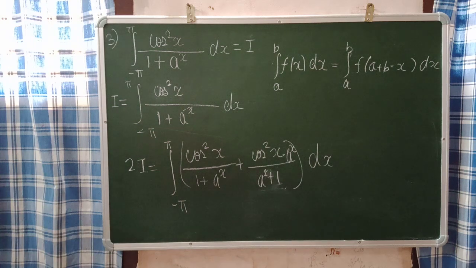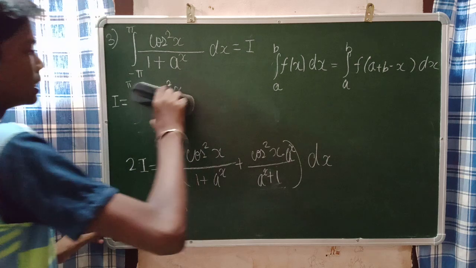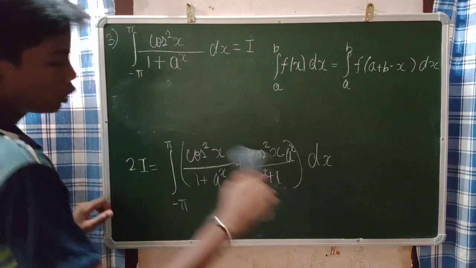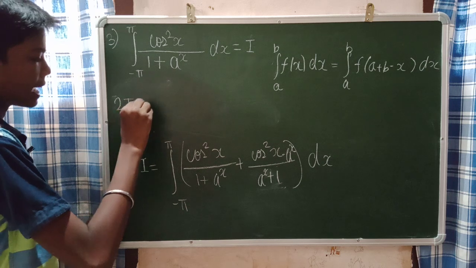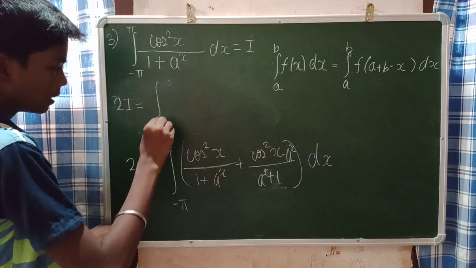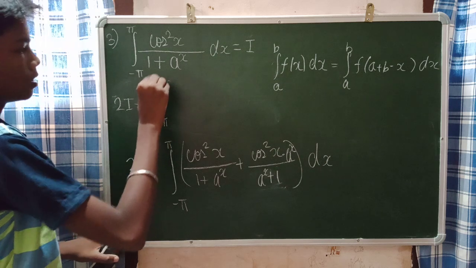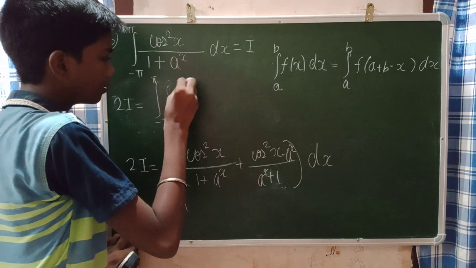Now listen carefully guys, I am supposed to add these two expressions. So 2I is equal to the integral from minus pi to pi. Now take your cos square x common.